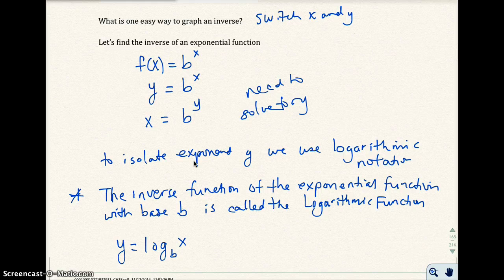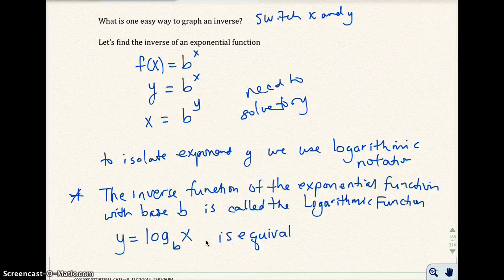And when you write this out, I'm going to write this out very carefully. You're going to have y equals log, and this b is a subscript, and then the x on the same line as the log, is equivalent to b to the y equals x. We're going to look at this carefully in the next example, but this is what we're going to have to memorize and know for the exam.